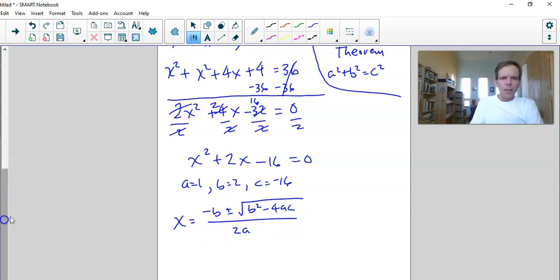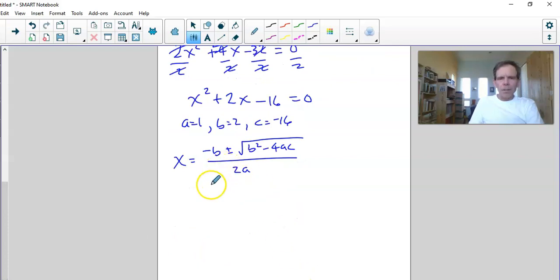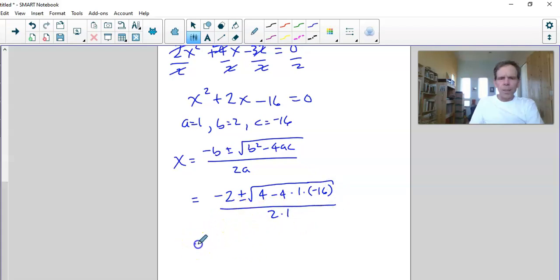So here we have negative 2, because b is 2, plus or minus the square root. What's b squared? b is 2, b squared would be 4. And then we have minus 4, a is 1, and c is this negative 16. And underneath we have 2 times a, but a is 1.